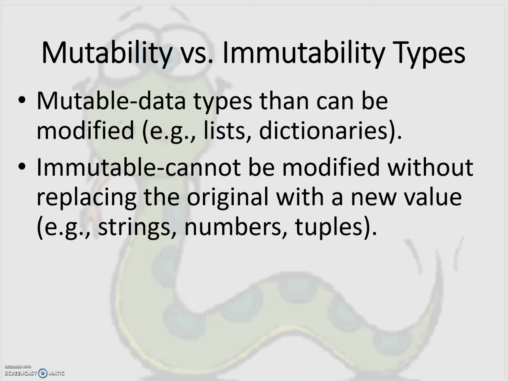For mutability versus immutability: mutable types can be modified, for example lists and dictionaries. Immutable types cannot be modified without replacing the original with a new value: strings, numbers, and tuples. I know we cover a lot of stuff here, and then we will go over the syntax basics. But before that, we will use some example Python introduction, formatting labels, to tell you more.